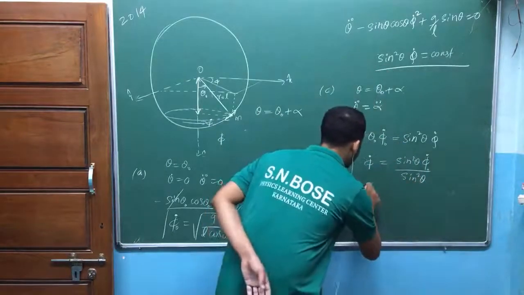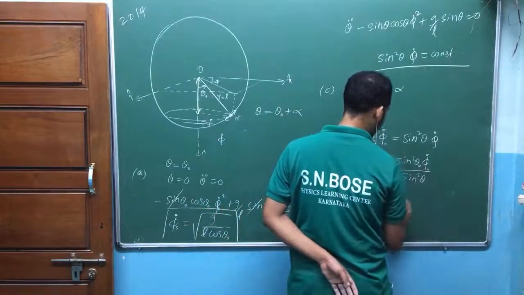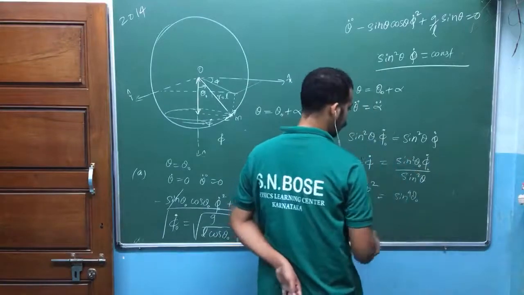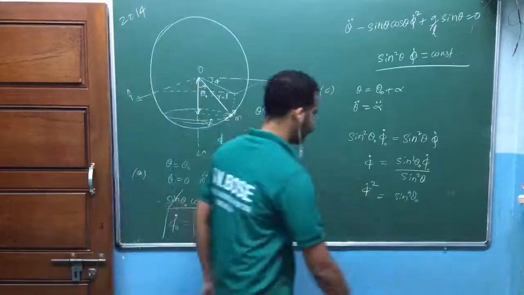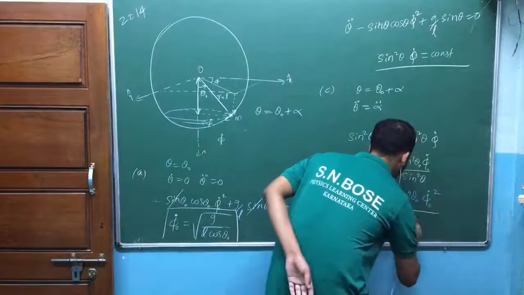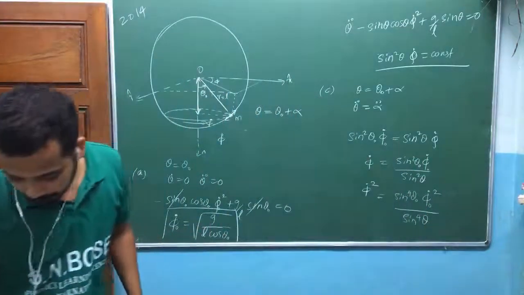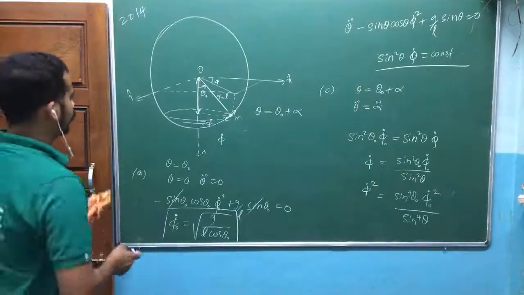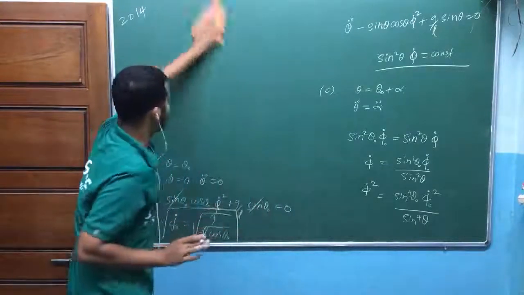So phi dot square is equal to sine raised to 4 theta naught, phi naught dot square of this one, whole divided by sine raised to 4 theta. Let me substitute this one. Is that okay? I hope this diagram is clear.